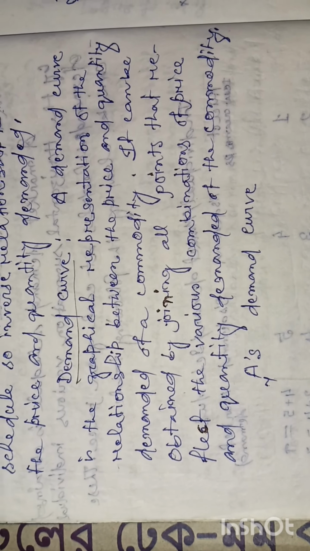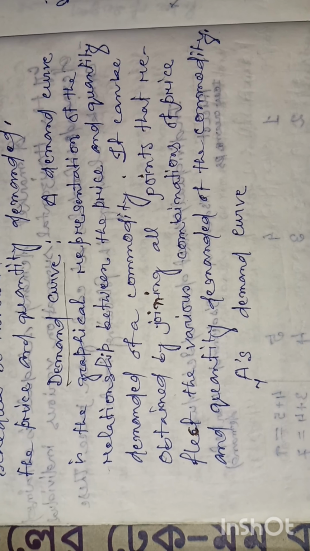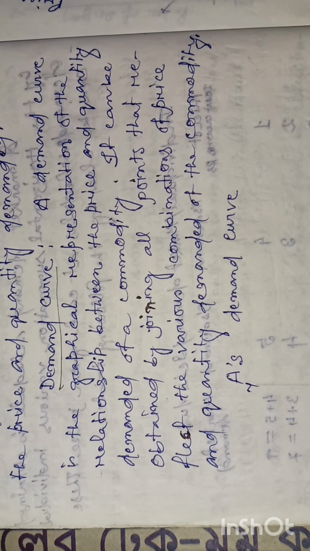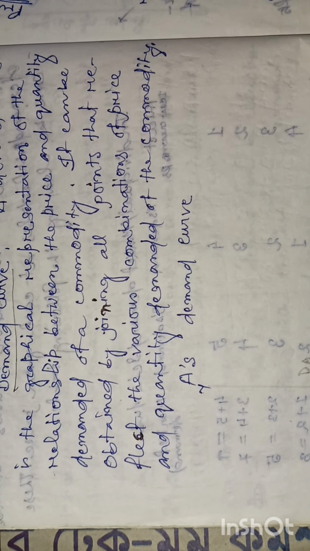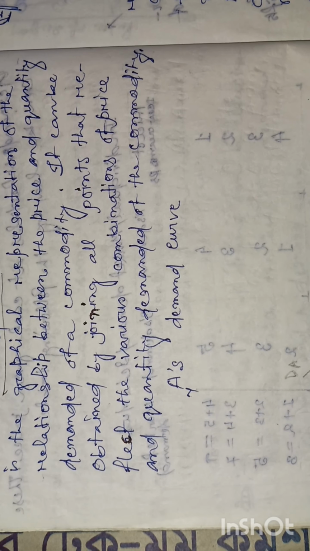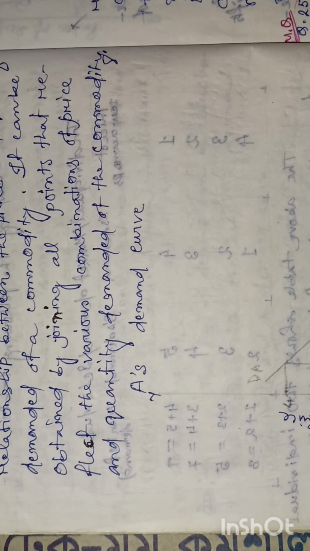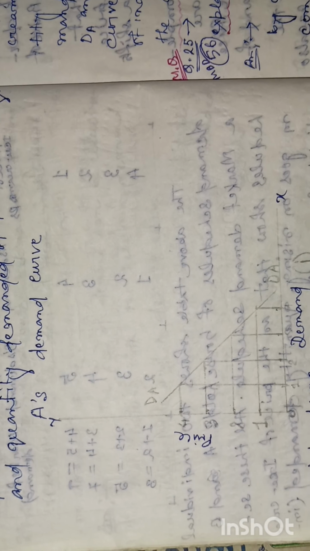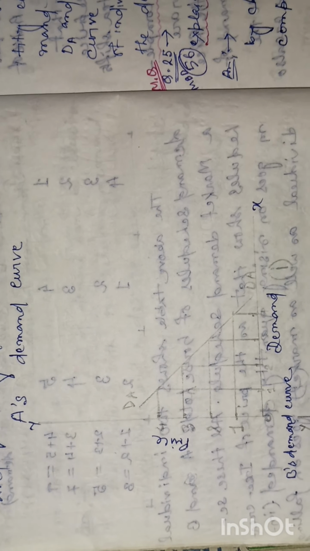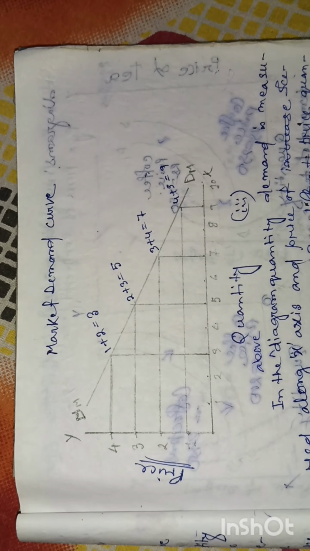Demand curve. A demand curve is the graphical representation of the relationship between the price and quantity demanded of a commodity. It can be obtained by joining all points that reflect the various combinations of price and quantity demanded of the commodity. A's demand curve, B's demand curve, market demand curve.